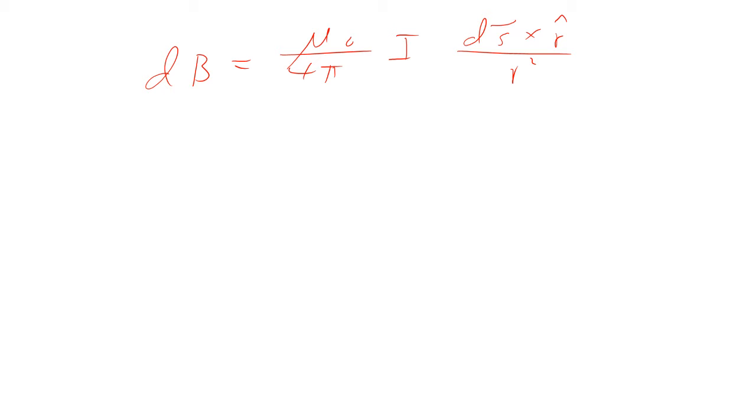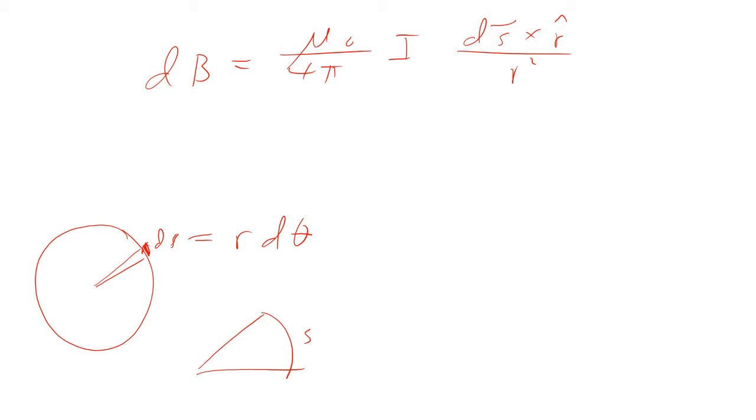Okay, so let's look at that. For our loop right here, the ds is going to be that distance right there. That distance is going to be equal to r d theta. We talked about this sort of thing in physics 1. We're going around a circle here, and the arc of a circle is equal to r theta.